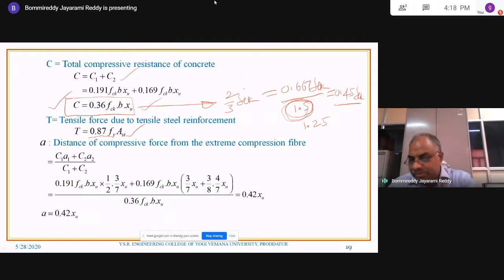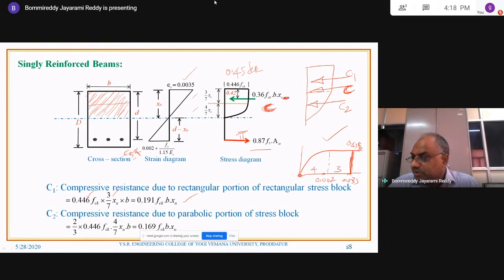What are some of the things? Because you know C1 is at one point, C2 is at another point. The resultant is C. What is the distance of the resultant from the top? The distance of the resultant from the top is say A. That means the total compressive force is acting at a distance of A from the top fiber. So how to calculate this center of gravity? You know C1, C2. So C1 Y1, C2 Y2.